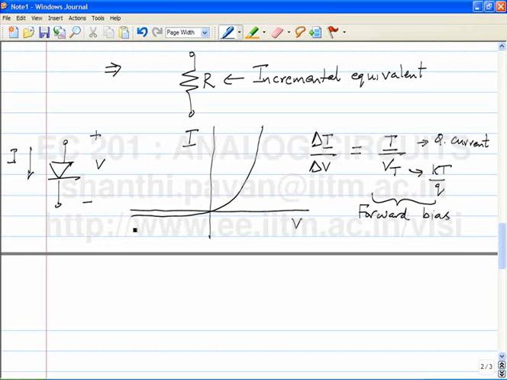So, a change in the voltage results in no change in the diode current. Hence, the conductance, delta I by delta V, is 0, since delta I is 0, which means that the incremental equivalent of the diode in the reverse bias region is an open circuit.